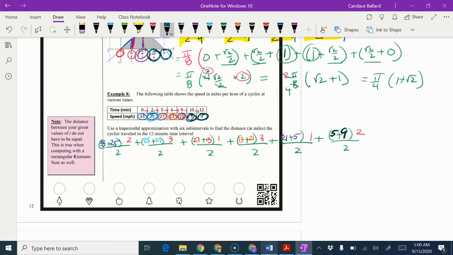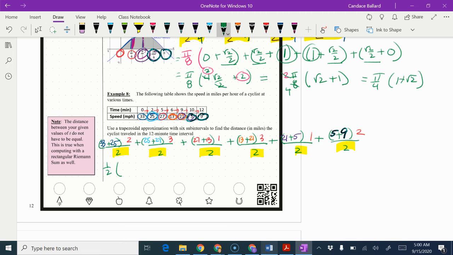Some things that I notice is that every single one of them has a divide by 2. So rather than messing with fractions, I'm going to go ahead and factor that out. It's really the only thing they have in common. I'm going to start doing some adding here.